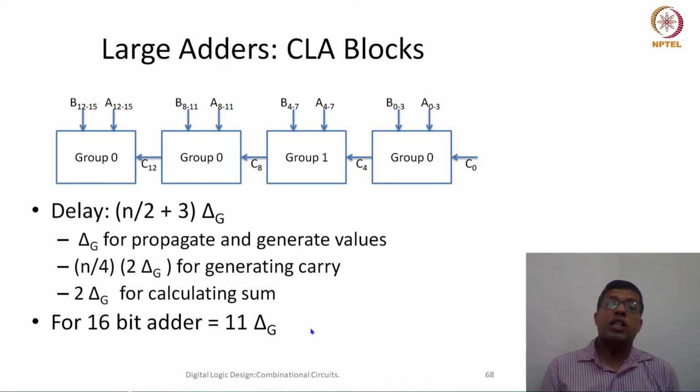Asymptotically, we see the delay would be reduced by n by 4, or divided by 4. So if the delay for a 64-bit adder in a regular case is x, then for a CLA using blocks of 4, it would be x by 4.